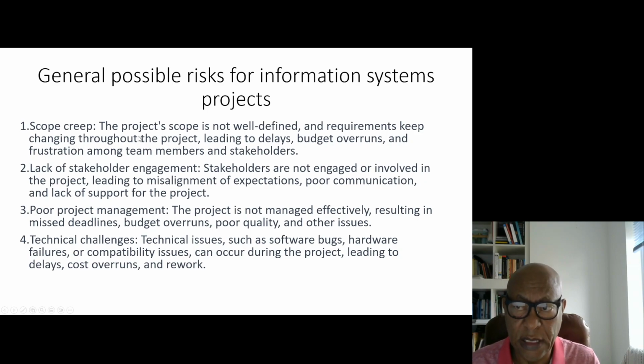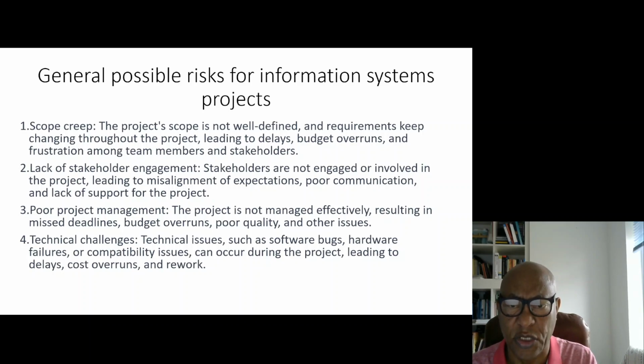So where are risks really coming from? This is a general list of possible risks for information systems projects. This is a well-known risk: scope creep. The project scope is not well defined, and requirements can keep changing throughout the project. So how do you deal with this one?